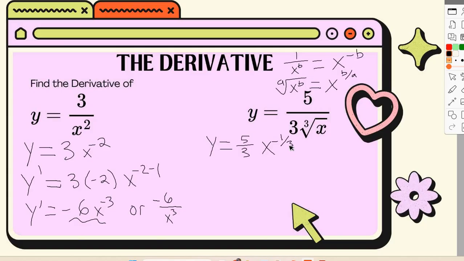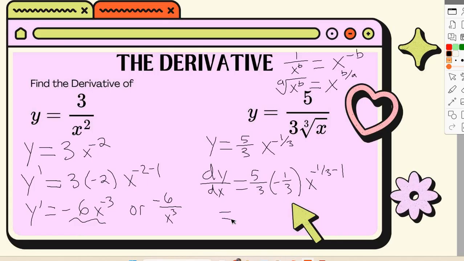Now is it in a form that we could use our power rule? Yeah. So dy dx. Remember that's our other format for our derivative. So I have 5/3 times negative 1/3 times x to the negative 1/3 minus 1.